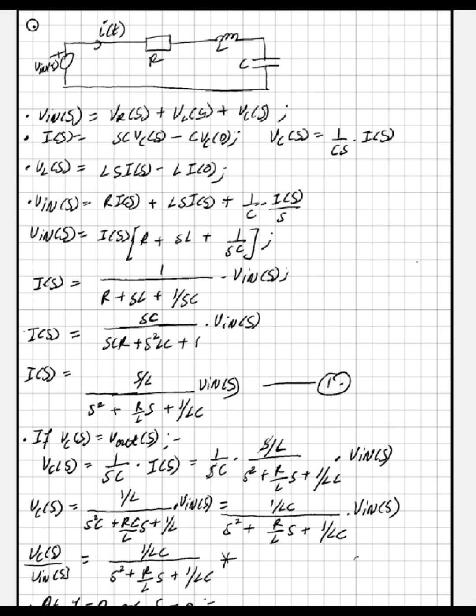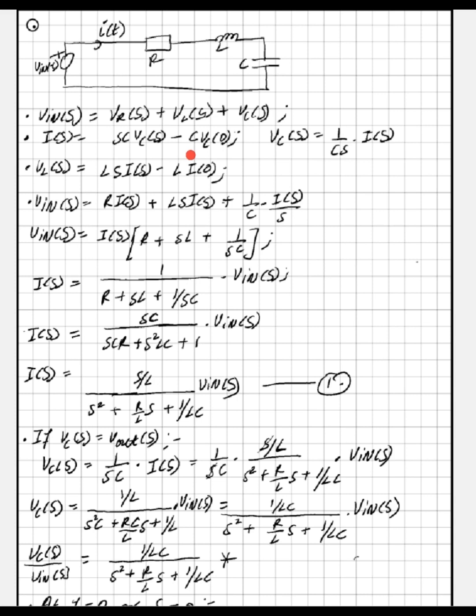So the equations remain the same. The first equation is the summation of the voltages, because this is a series circuit. The current is the same, since this is a series circuit, and this is the current through the capacitor. This component here is the initial condition, the initial charge stored on the capacitor.